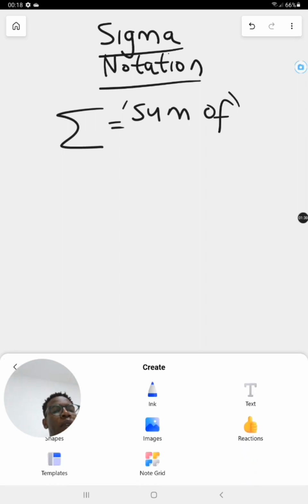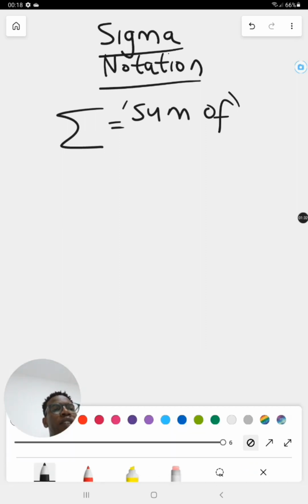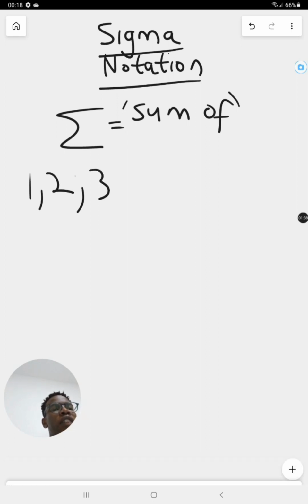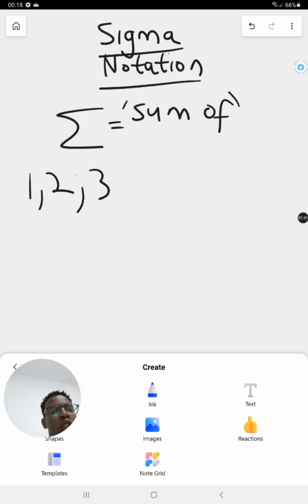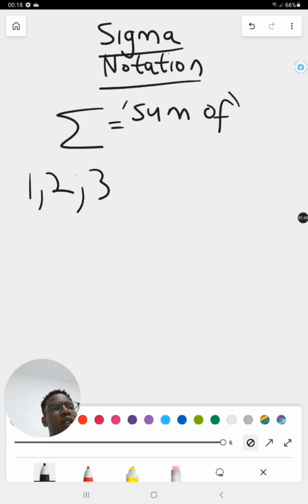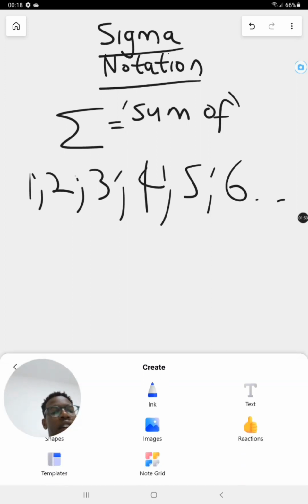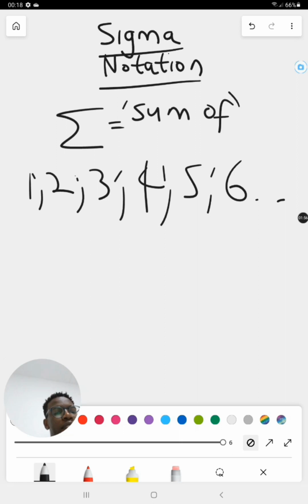Now, remember what a series is. A series is simply, if you have a sequence, say 1; 2; 3; 4; 5; 6, etc. This is a sequence.